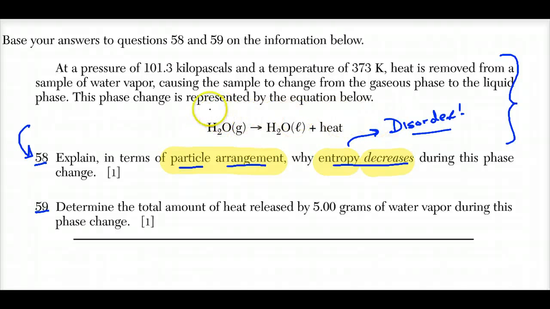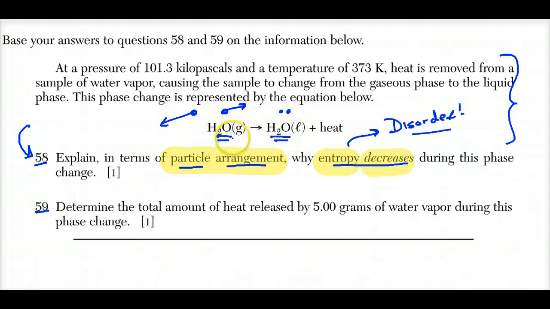If we know gases travel at speeds of hundreds of miles an hour, and liquids have a lot of movement, but nowhere near the amount of kinetic energy gases have. They have to stay in their container. Gases don't, if it's an open system. So clearly, to go from a gas to a liquid, your amount of disorder is decreasing, so your entropy is decreasing. Well, why? Because liquids are more structured than gases, or gases are more chaotic than liquids.